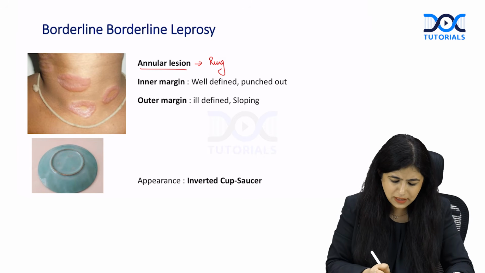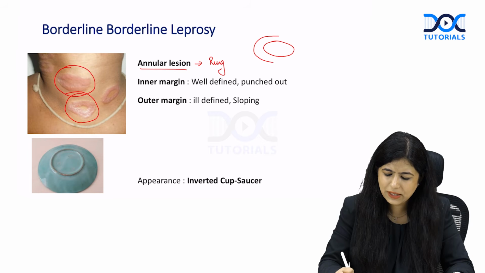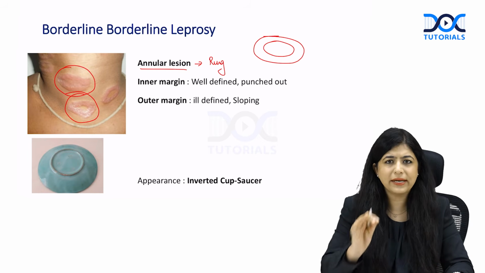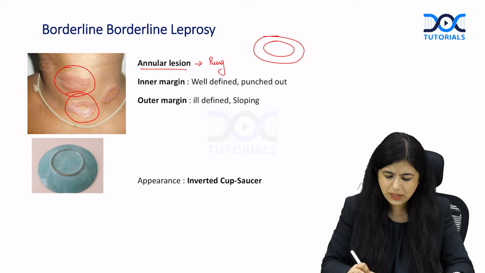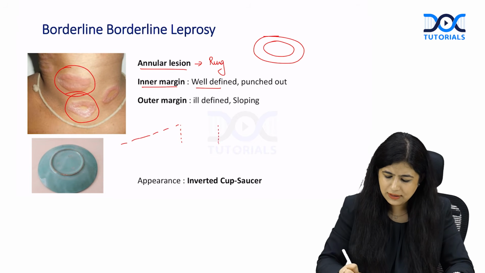So when you look at the lesion here, this is annular. It is ring-shaped. Every ring-shaped lesion is going to have an inner margin and it is going to have an outer margin. That is what makes it annular. Now, here, if you look at the inner margin, it is well defined margin. And when you look at the outer margin, this is ill-defined sloping margin.